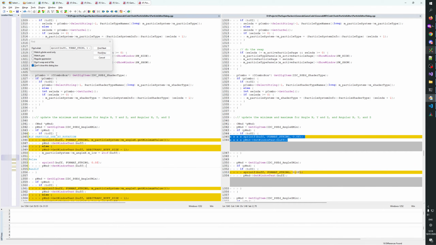Hold on, what are we looking at here? 2UI. I see.